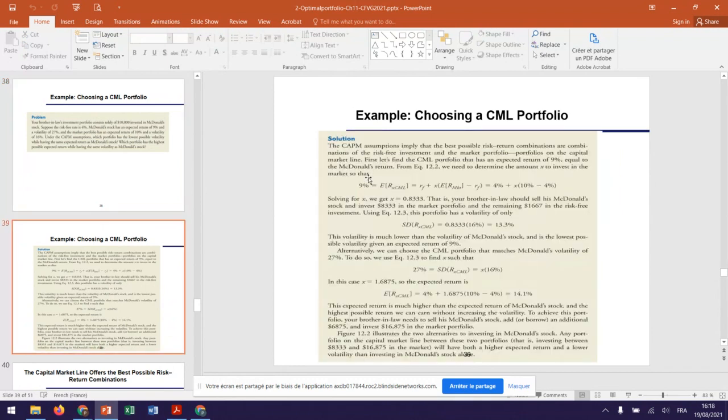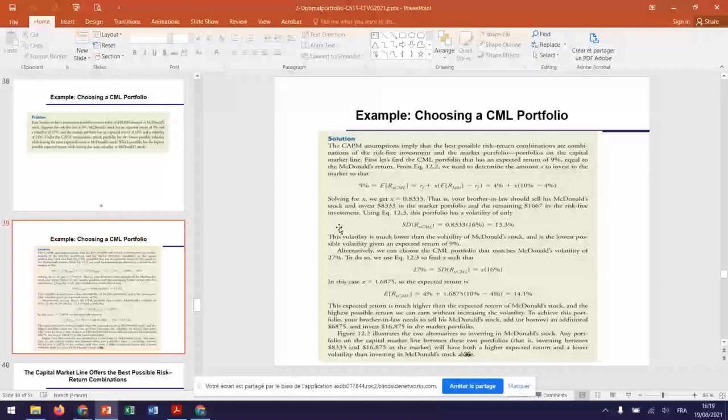Just simply put 8,333 in the market portfolio and 1,667 in the risk-free investment. This portfolio will generate a return of 9%, but the volatility will be equal to 0.8333 multiplied by 16%.